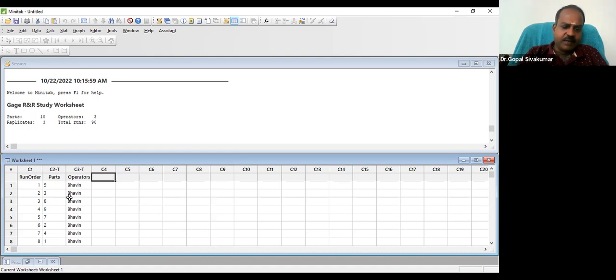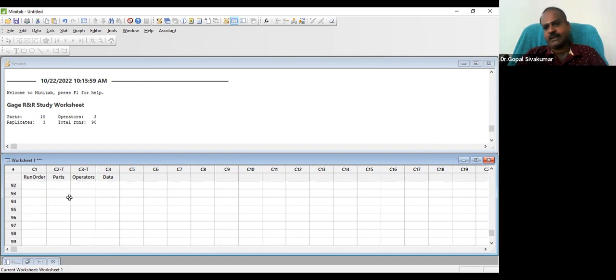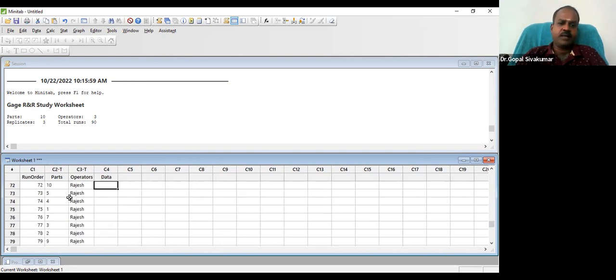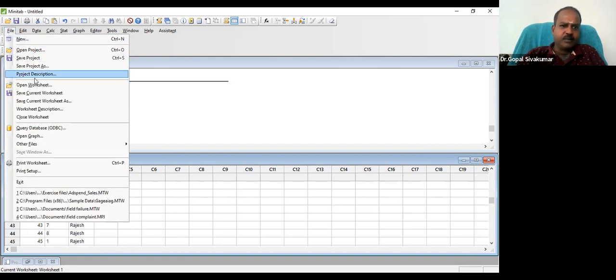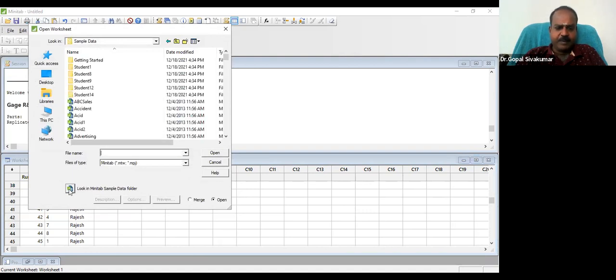Now the data can be written here. Whatever is the data, if all of you do some experiment right now and give me the data, I can just put it here, right? Or otherwise, let me open an existing data file, open worksheet, sample project data.